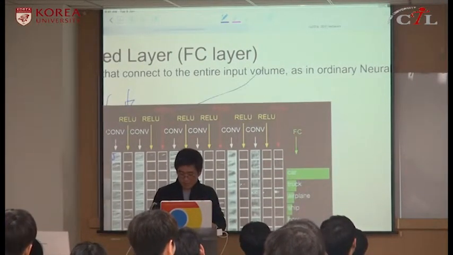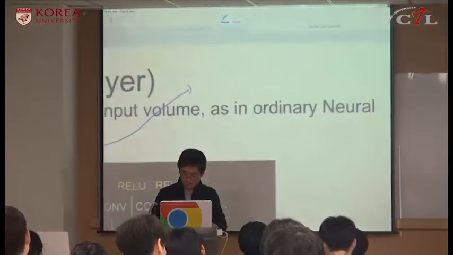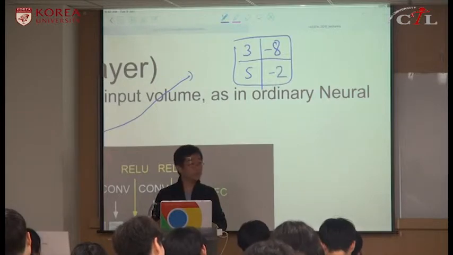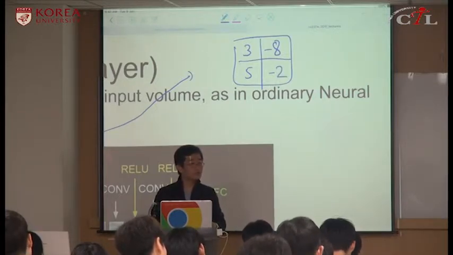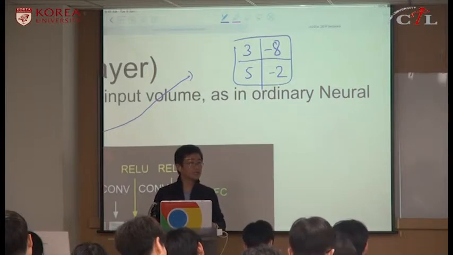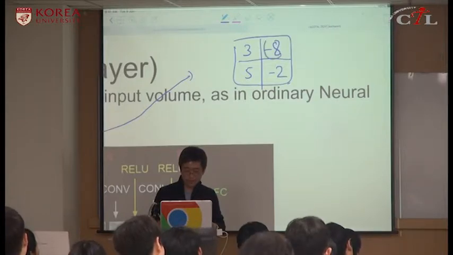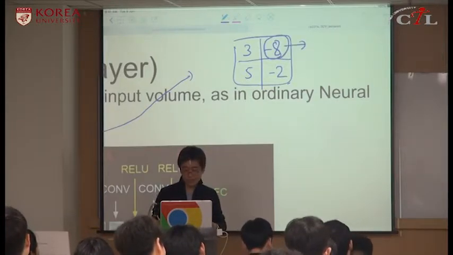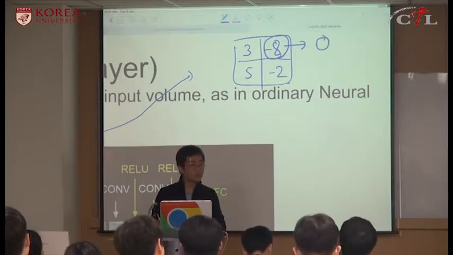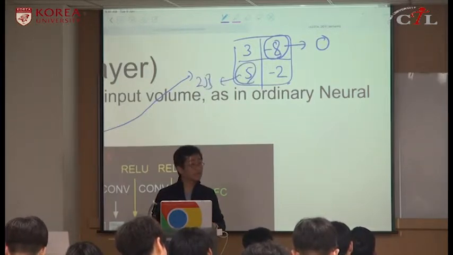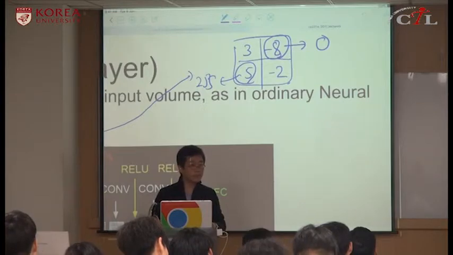In this conv layer output, suppose our activation map was 3, -8, 5, -2, and so on. How we visualize them into a grayscale image is as follows. We have a minimum value, which we map to 0 as an RGB pixel value, and the max value to 255, right? But after doing the ReLU operation, those negative values will be gone, right?